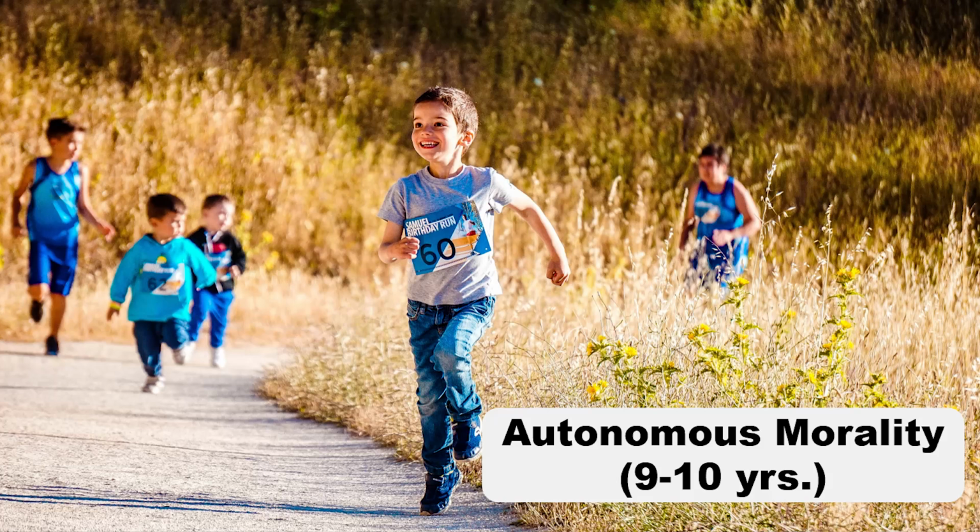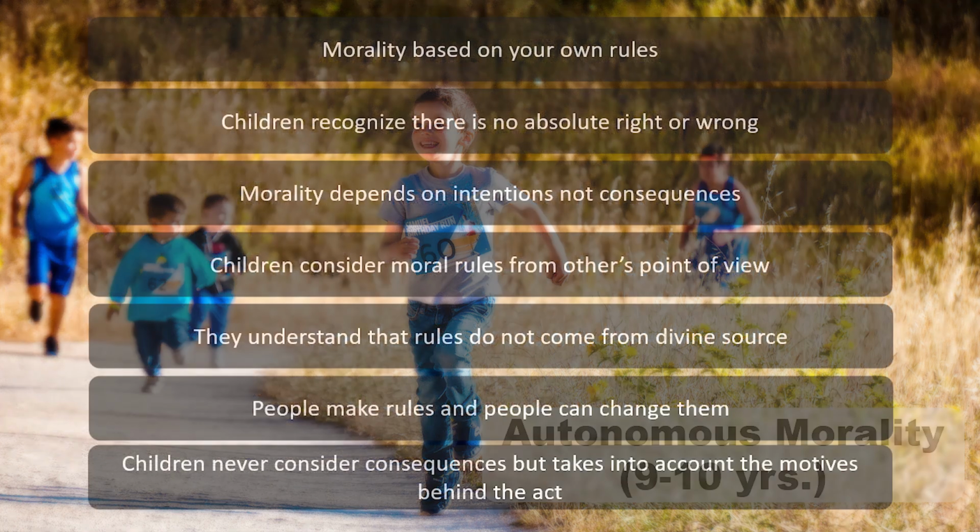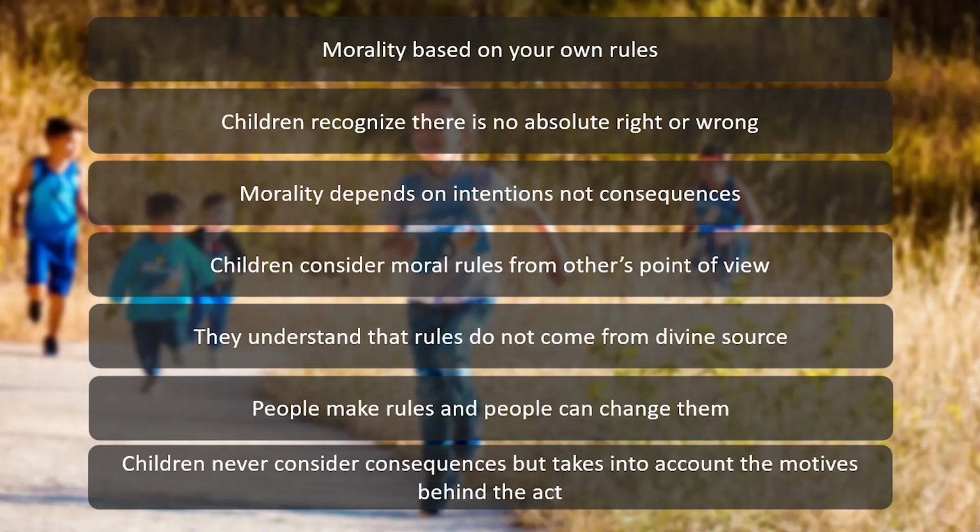The second one is autonomous morality. This autonomous morality takes place between 9 and 10 years. Here, morality is based on your own rules. Children recognize there is no absolute right or wrong and that morality depends on intentions, not consequences.